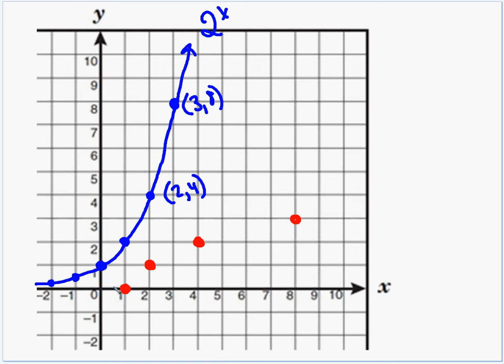Now we'll do 1/2, negative 1. And this last point way down here was negative 2, 1/4. So we'll go 1/4 down to negative 2. And here is the log graph, log base 2 of x.